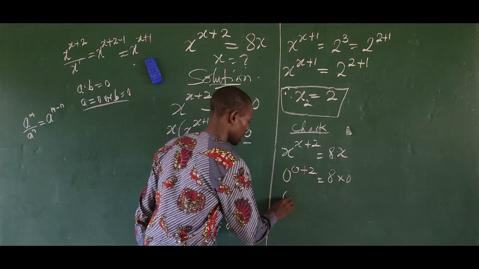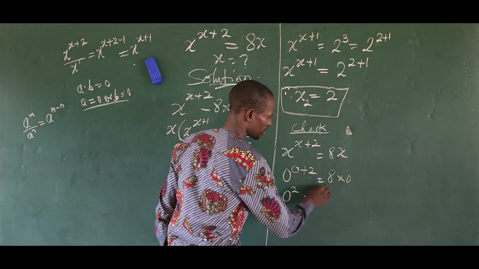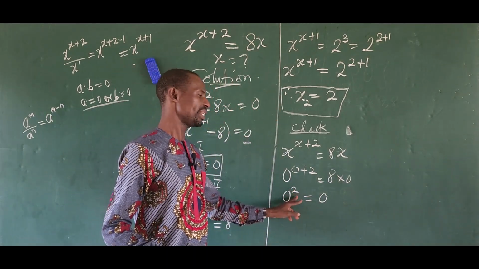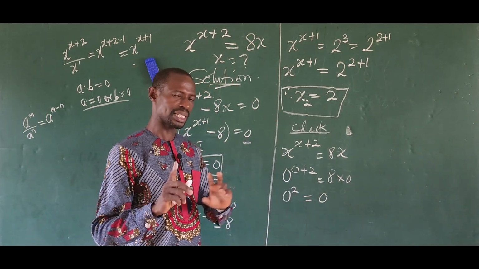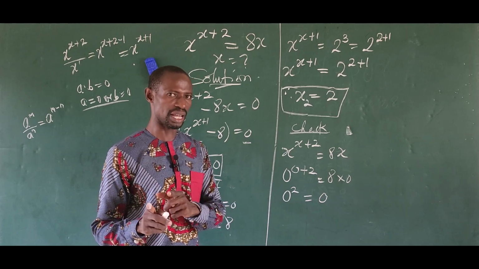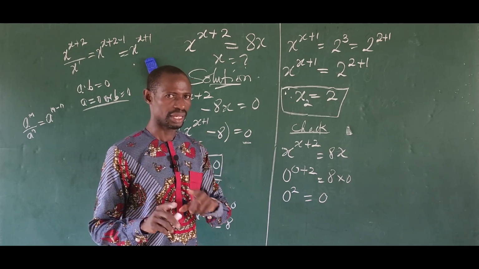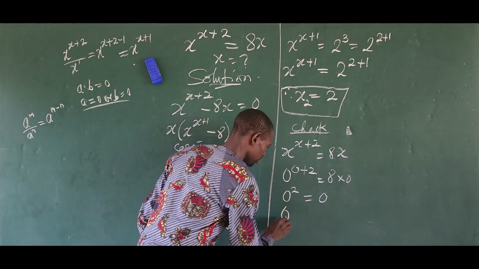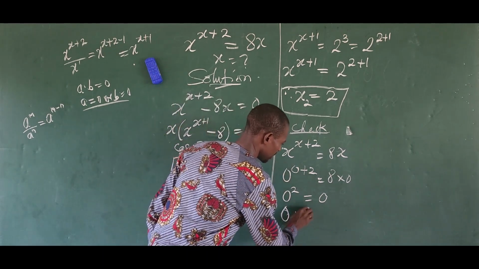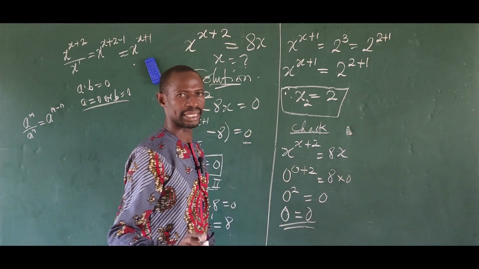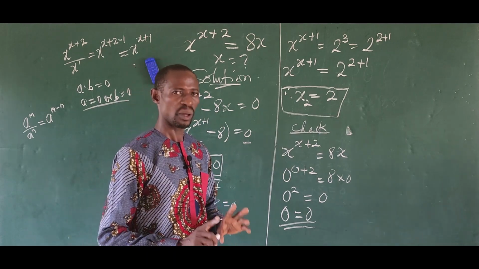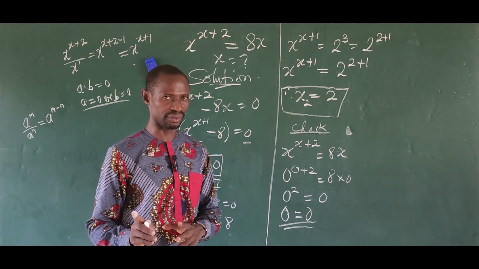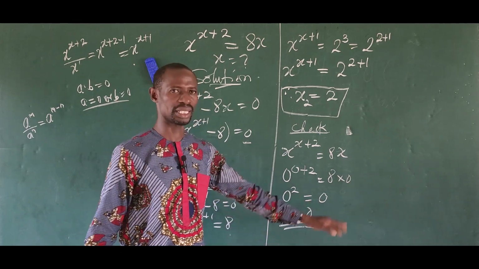This gives us 0 to the power of 2 equal to 0. 0 to the power of any number except 0 itself will give you 0. So 0 to the power of 2 is equal to 0. Again, 0 to the power of 0 will not give you 0, but to any other number, it gives you 0.